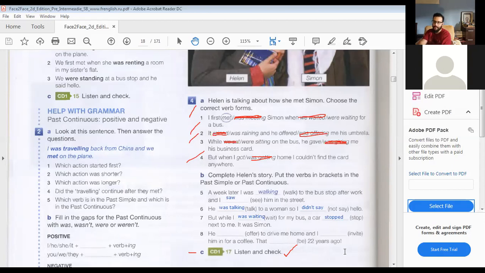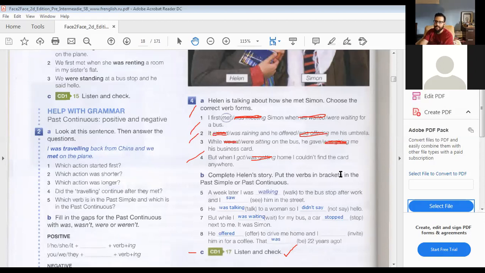He offered to drive me home, and I was inviting him in for a coffee. That was 22 years ago.